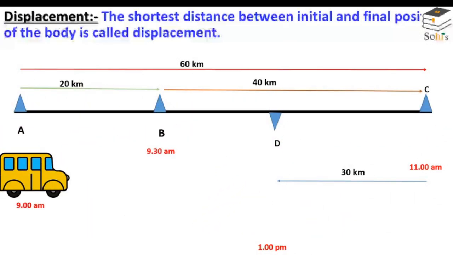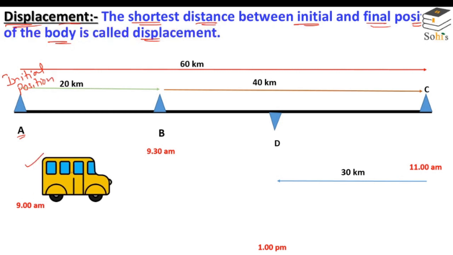Okay. So next is displacement. The shortest distance between the initial and final position of the body is called displacement. Most important: initial and final position. Let's see an example. This is a body at point A, so it is the initial position.